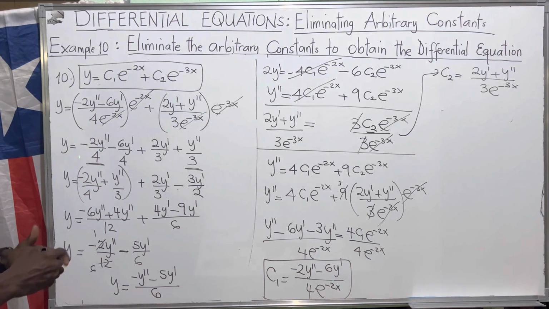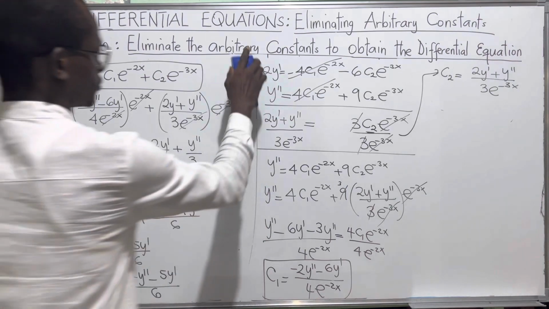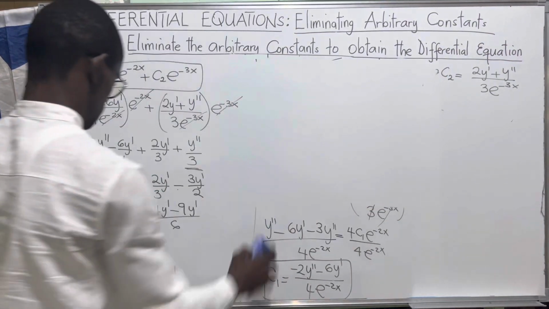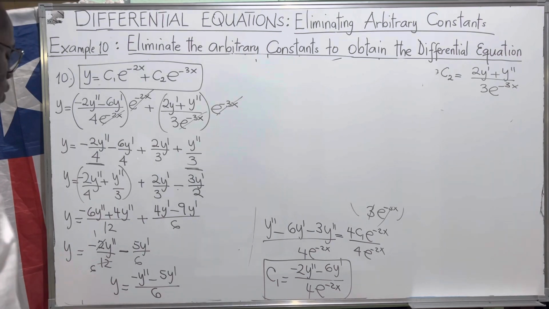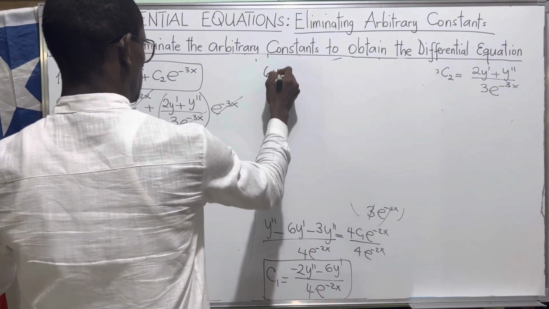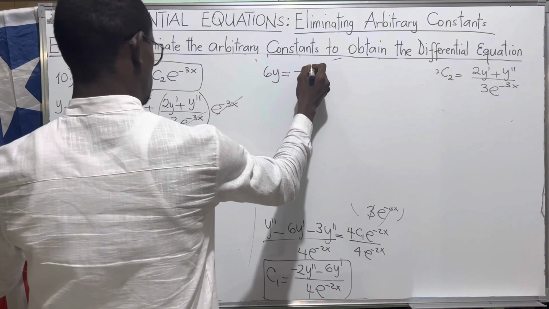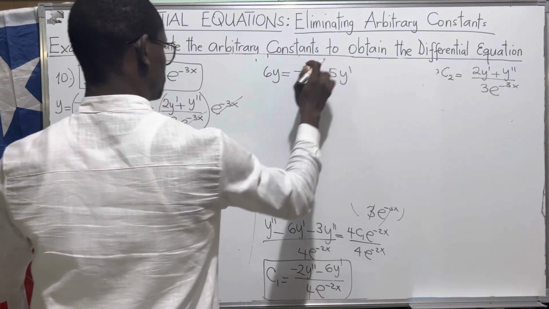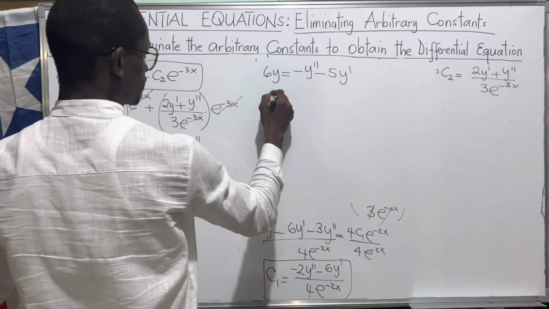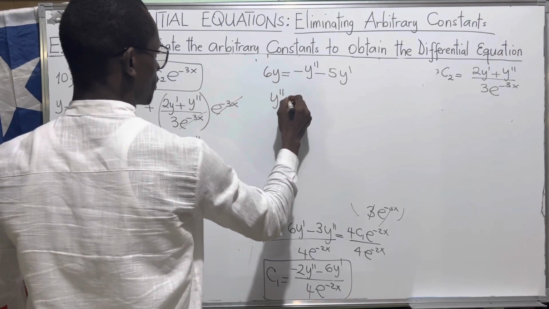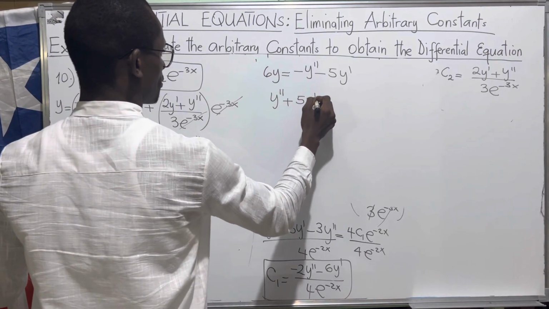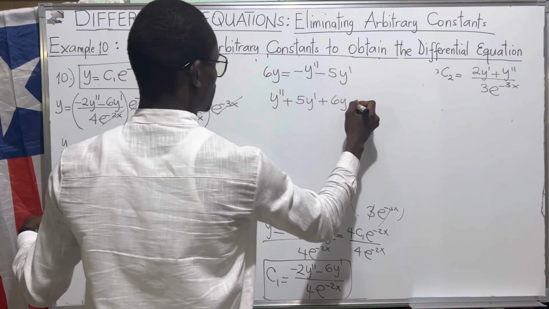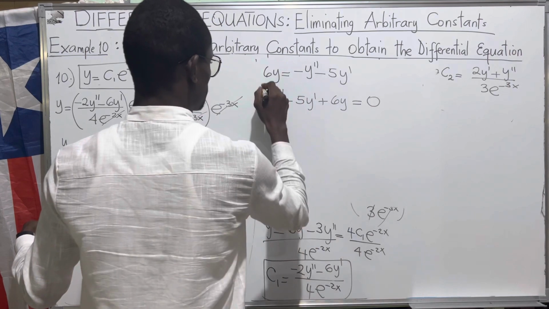So I can cross multiply. 6 times y is 6y equals negative y prime minus 5y prime. So I send this across, it is positive y prime plus 5y prime plus 6y all equals 0.